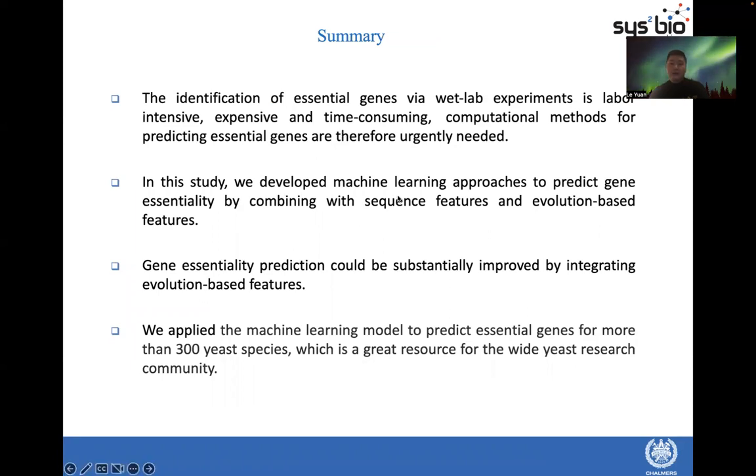And then we developed a machine learning approach to predict essential genes. We also found that by integrating evolution-based features, gene essentiality prediction could be improved. And then we finally applied the model to 332 yeast species, which is a relatively good resource for the yeast community.